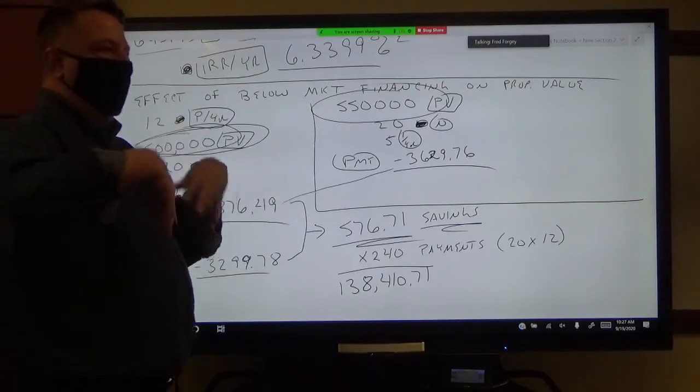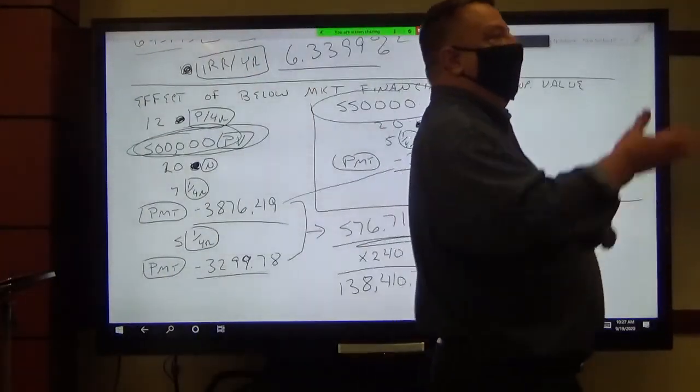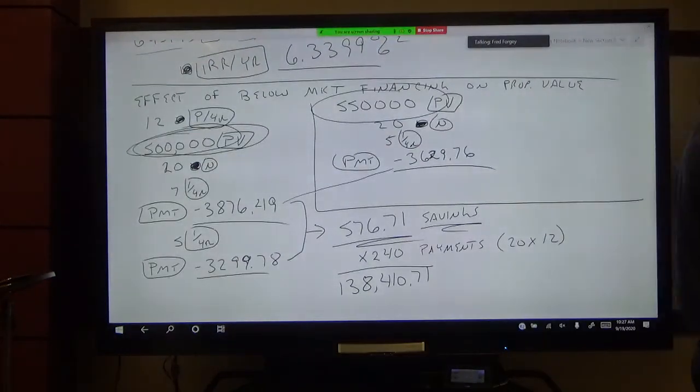In other words, create kind of a false value for the property by offering this sort of below market financing. They did nothing wrong in terms of below market financing. There's nothing wrong with that. But one has to begin to question a little bit, or maybe a lot, depending on where you want to draw the line.